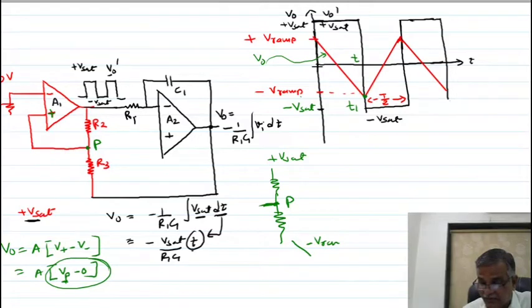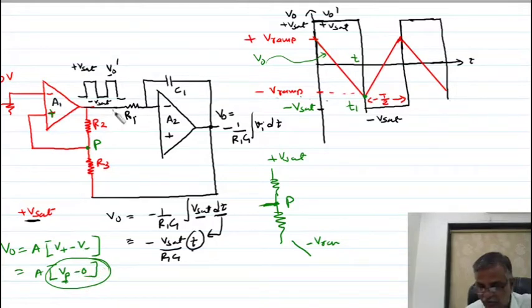At the time T1, when the negative ramp voltage attains minus V ramp, the potential at this point becomes slightly less than 0. So this Vp minus 0 will be negative.